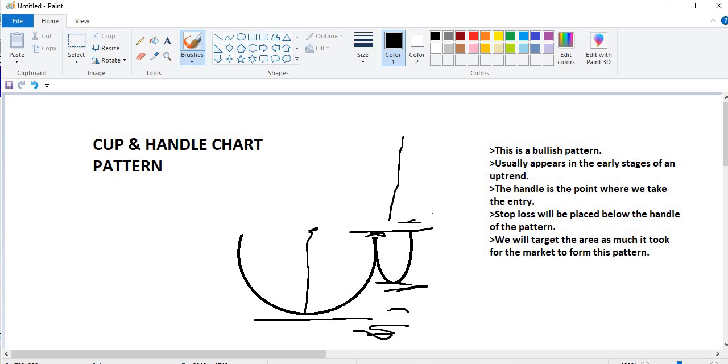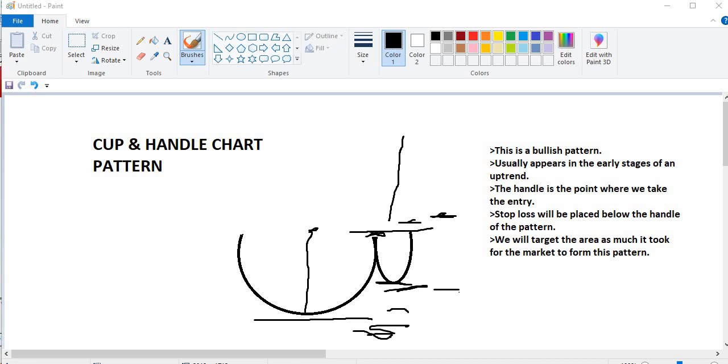And once we take the entry at this point, we can place our stop loss below the handle, which will be less likely to be triggered by market fluctuations. So these are the simple rules of this pattern, and one should always keep these rules in mind while trading the cup and handle.